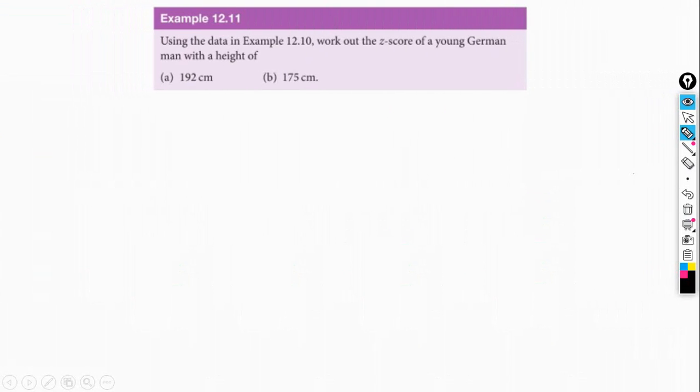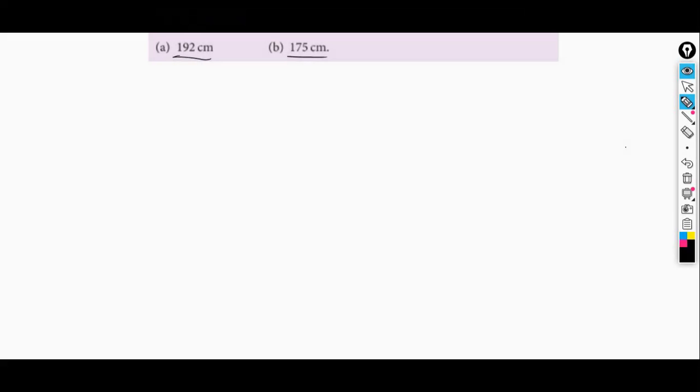So next we're going to do example 12.11, and it says, using the data in example 12.10, work out the z-score of a young German man with a height of A, 192 centimeters, and B, 175 centimeters. So let's recall that the z-score is equal to the random variable x minus the mean divided by the standard deviation.